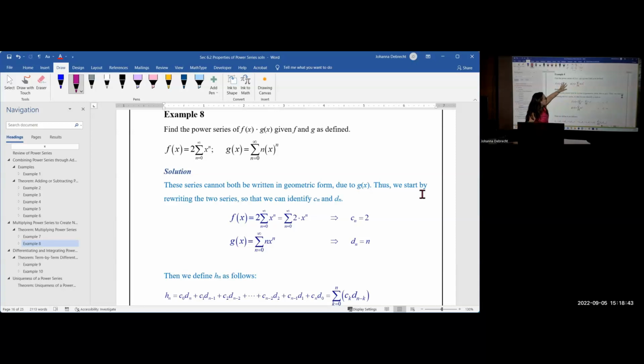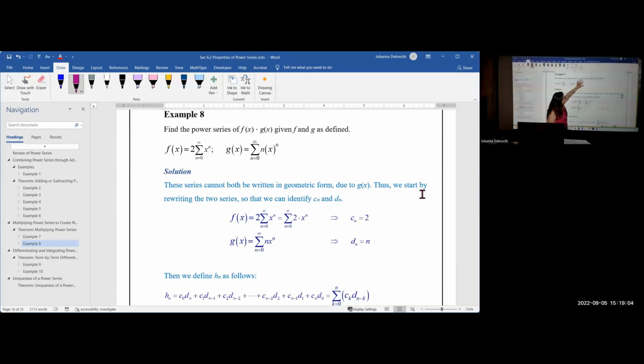Now notice that f can be written in strictly geometric form. You've got a constant 2 times something determined by x raised to the nth power. So this one is strictly geometric form, so we know it will converge whenever we have magnitude of x less than 1.